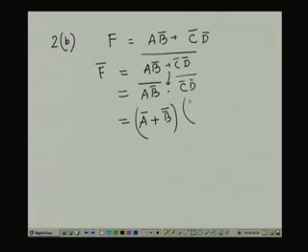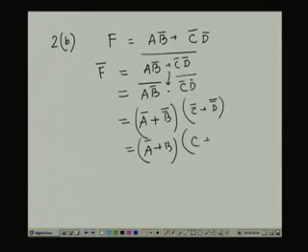Then this becomes C bar bar plus D bar bar. Now, this is (A bar plus B) into (C plus D). Now, see, this is my product of sums form.